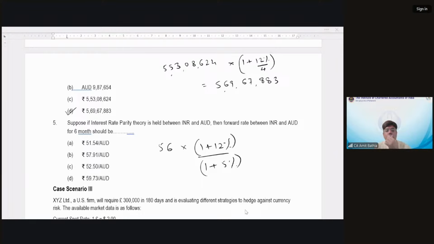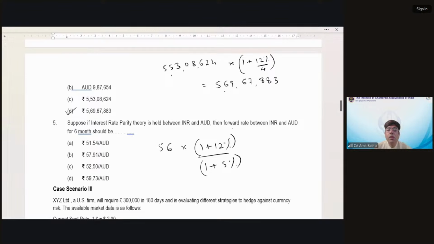Now please remember, these 12% and 5% are for 1 year, right? So I should actually be taking half of it because we are going to calculate for 6 months, am I right? So I take 1.06 upon 1.025. So I get 57.91.